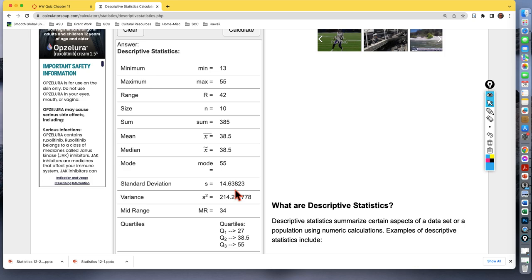So what they do is they square the deviation. This is a standardizing process. We'll take -1 and square it, take 0 and square it, take 1 and square it.